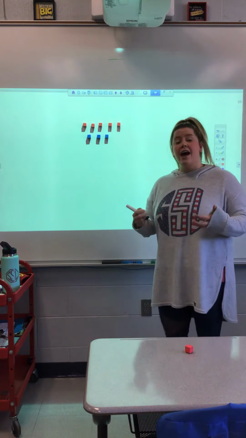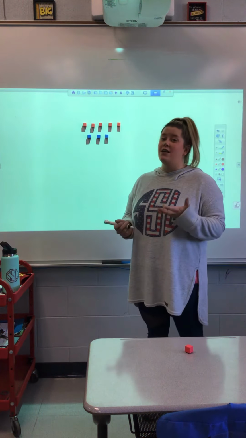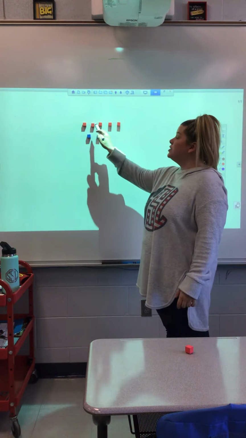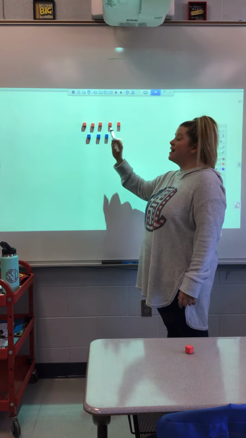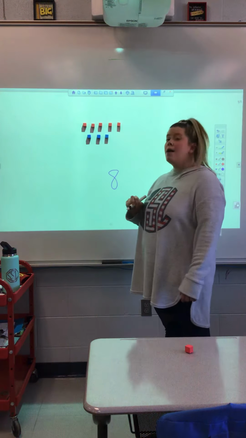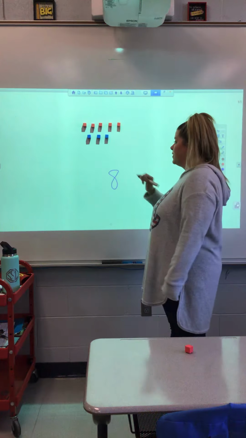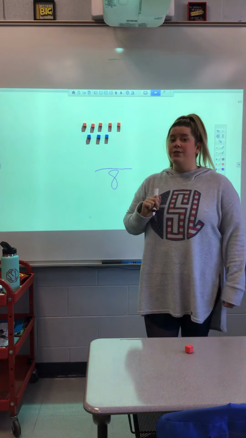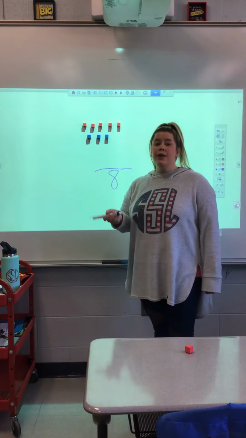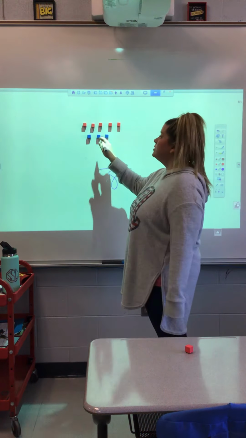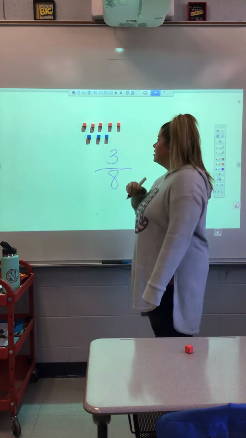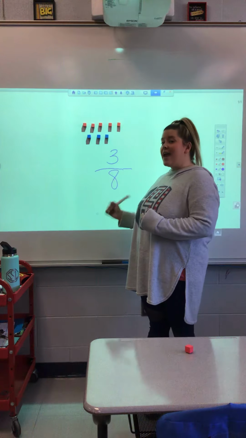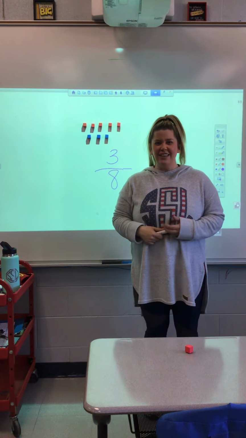I need to count how many I have total, right? So I can figure out my denominator. So let's count. How many counters are there total? 1, 2, 3, 4, 5, 6, 7, 8. So my denominator is going to be 8. I want to know what fraction of those is blue. How many blue counters do I have? 1, 2, 3. So the fraction of counters that are blue is 3/8. Good, does that make sense?